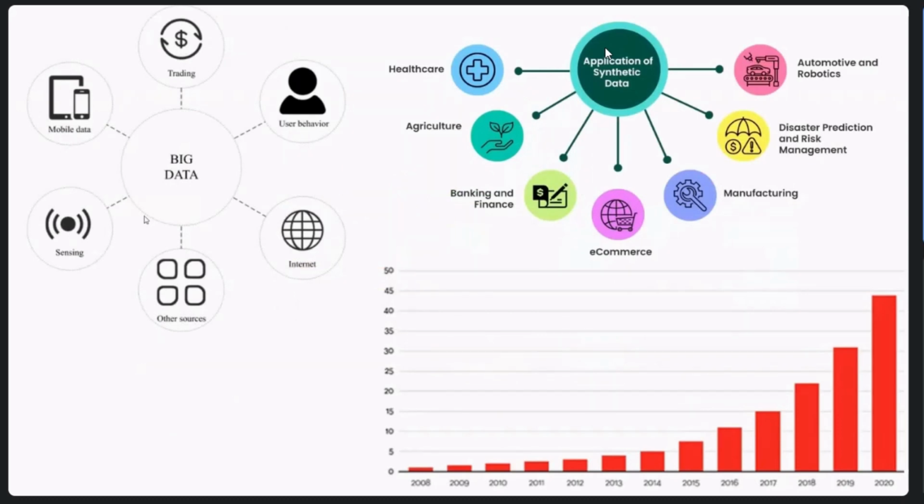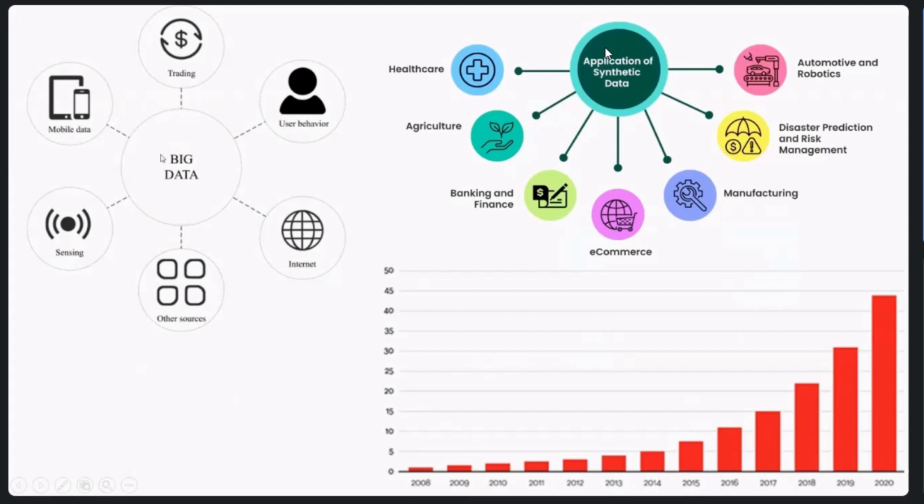I have given you some of the structure where you can see that many a times when you deal with a particular application, you are generating data, and this data is being added to something called big data, the pool of data.